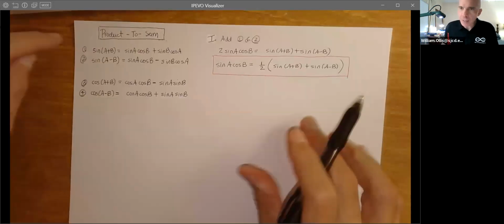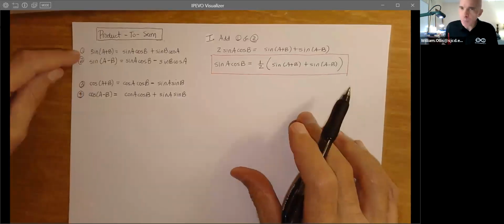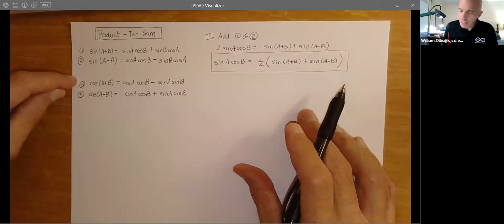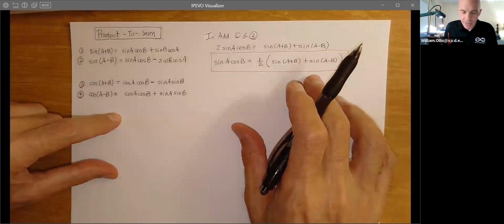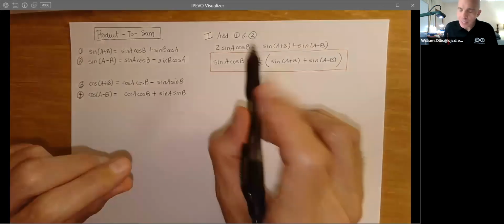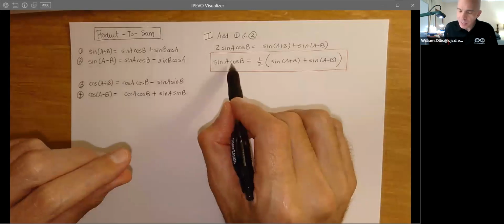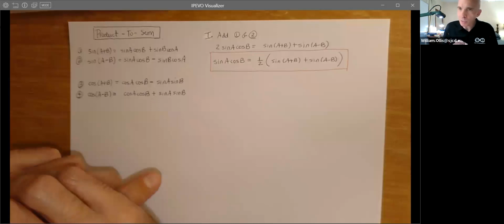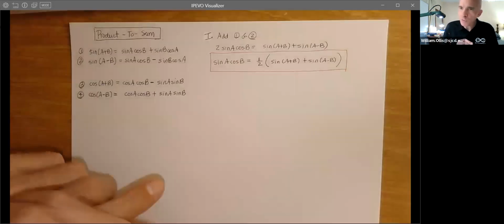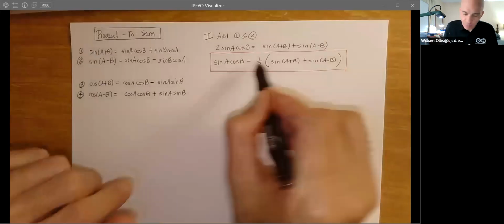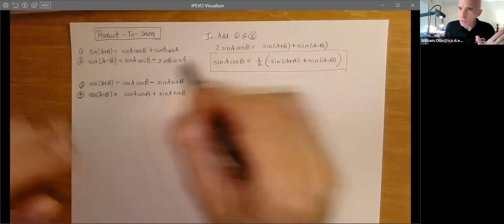No, you remember these. You remember these 4 because you write them down every day. And if you need this in calculus, you just write these down, add them up, boom, there you go. So it's a lot easier, ladies and gentlemen, to integrate this than the product. This requires integration by parts. These are simple integrals. So this will be very useful to you in Cal 2. So how do you remember this? You remember 1 and 2, and you're done.